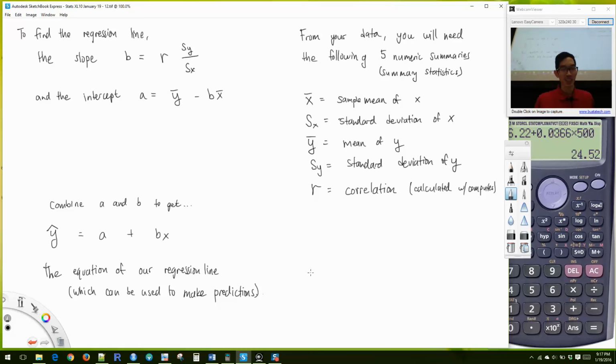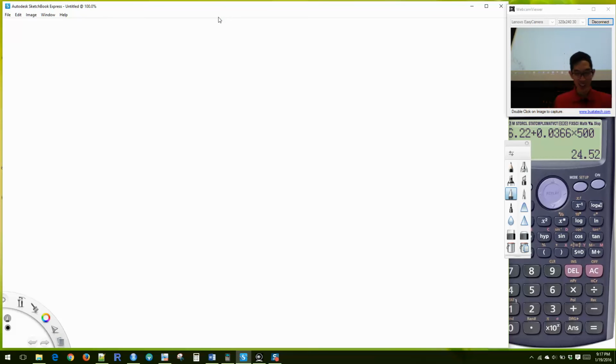I'd probably just get the slope. All right, so let's talk about this. We have y hat is equal to a plus bx. So this is our intercept, and this is our slope.